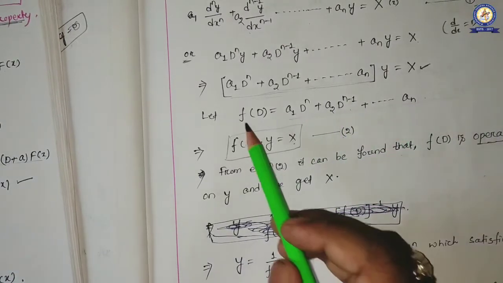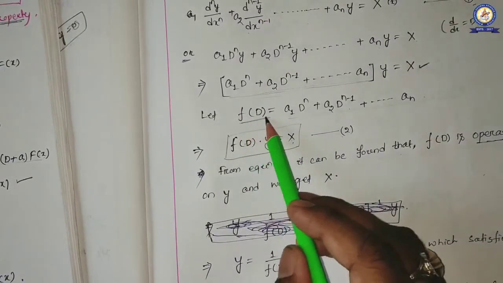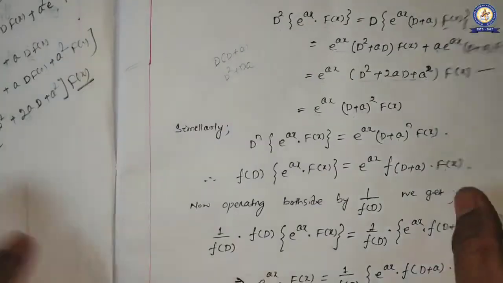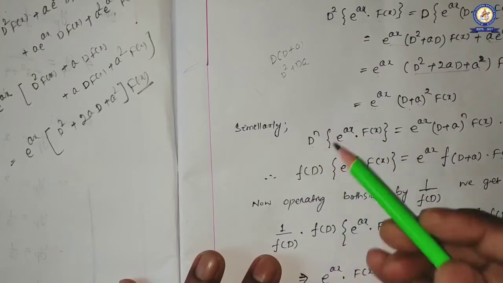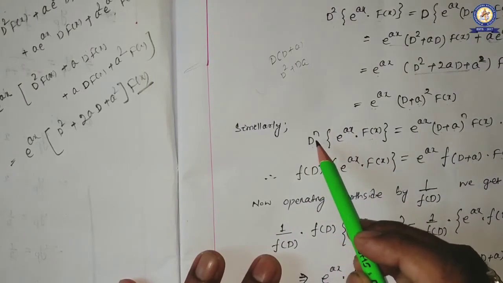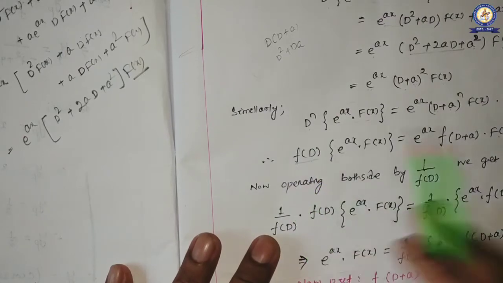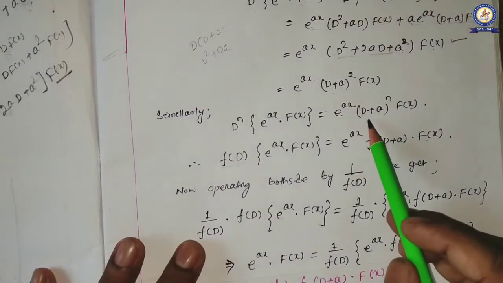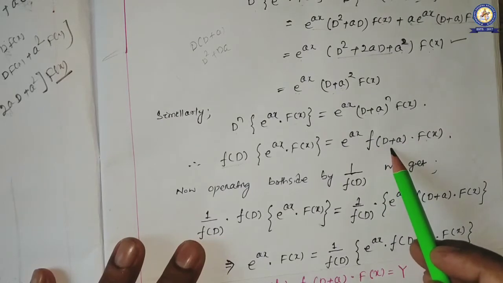That means this represents the number of derivatives, or a function of derivatives. So D^n is nothing but your nth derivative, so it can be represented in general form as f(D). Likewise (D plus a)^n can be written as f(D plus a), into F(x).